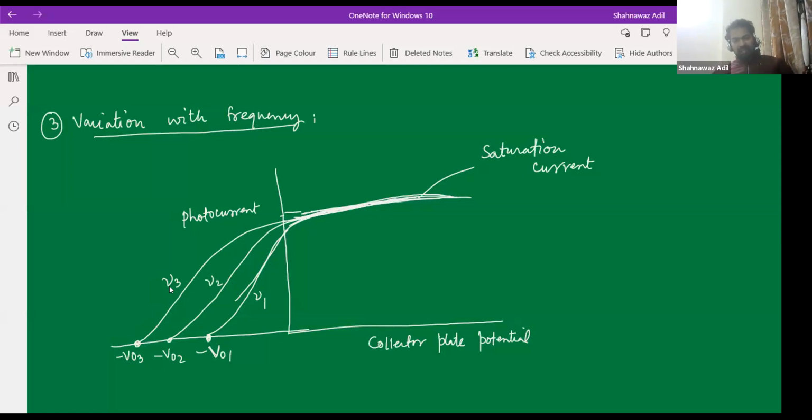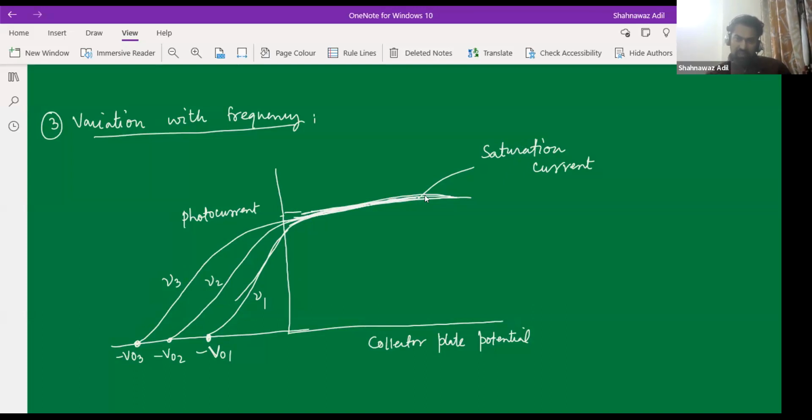So you guys can tell me, from this graph, that the saturation current is independent of this frequency, right? All the frequencies have the same saturation current.